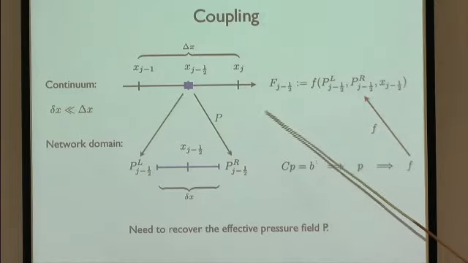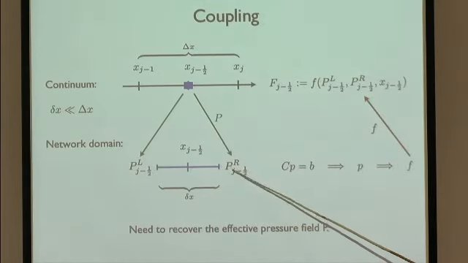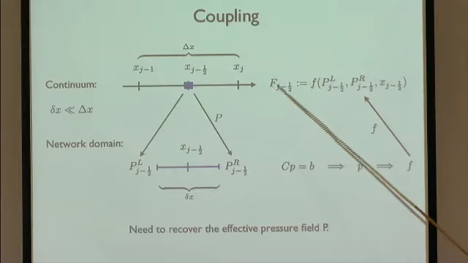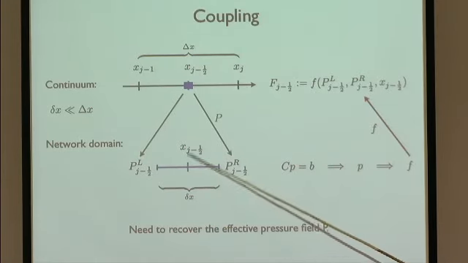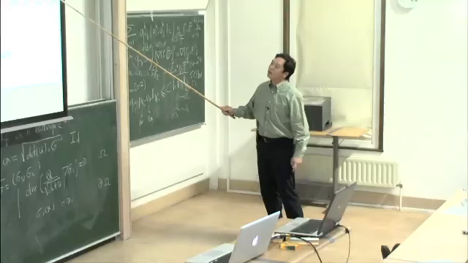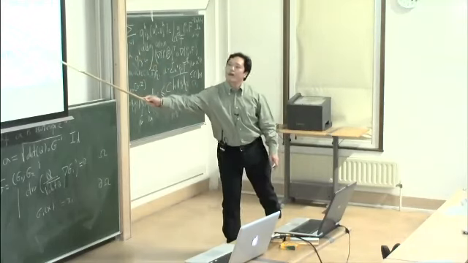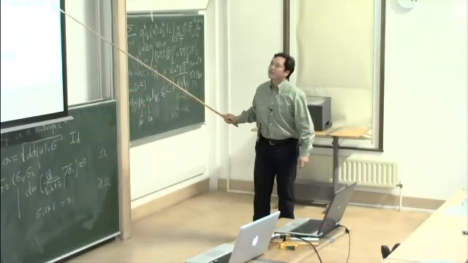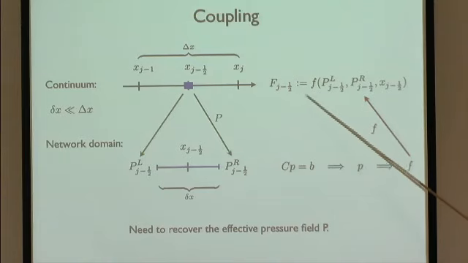So you set it up so that the boundary condition of this network on the left and on the right is determined by the solution of this now discretized system for the continuum equation. You invert that matrix, Cp equals B, you get the pressure, and then from the pressure you can compute the flux through this domain over here, and this will be the flux that is used to define the pointwise value of f_{j-1/2}.